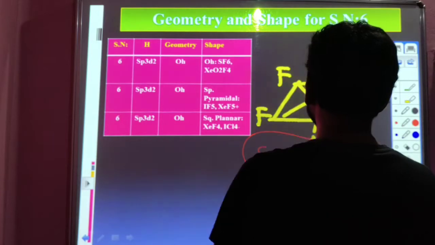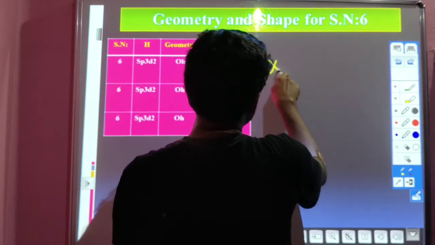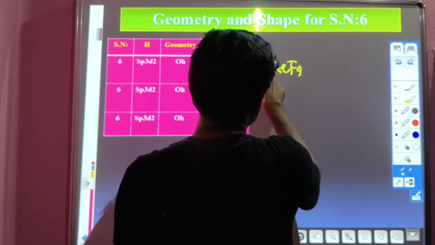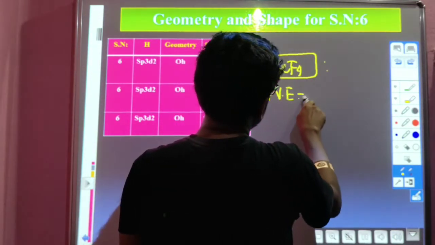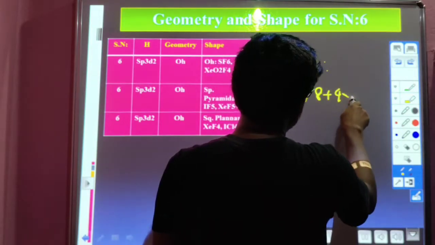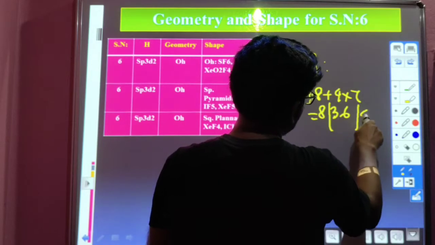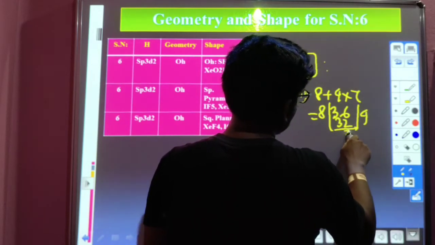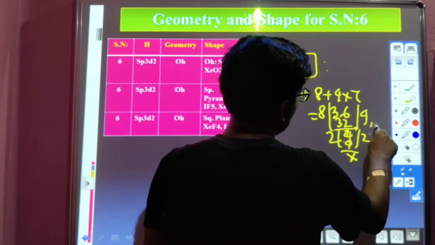Next one is XeF4, xenon tetrafluoride. Total valence electrons: 8 plus 4 multiplied by 7, that is 36. Steric number 6.